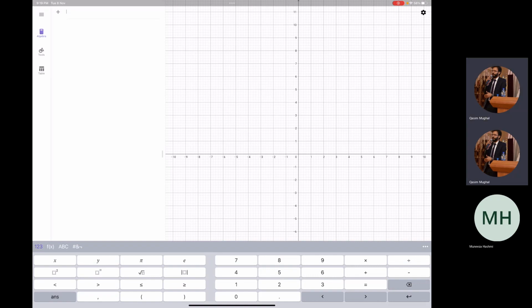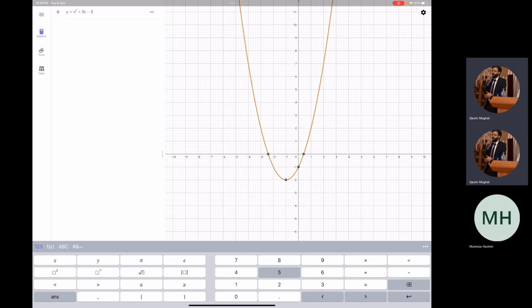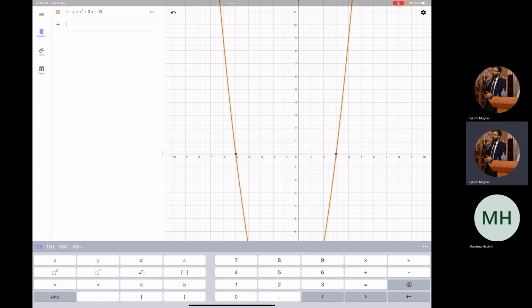So x squared plus 2x minus 15, y equals x squared plus 2x minus 15. And then y equals 6 minus 2x, isn't it?